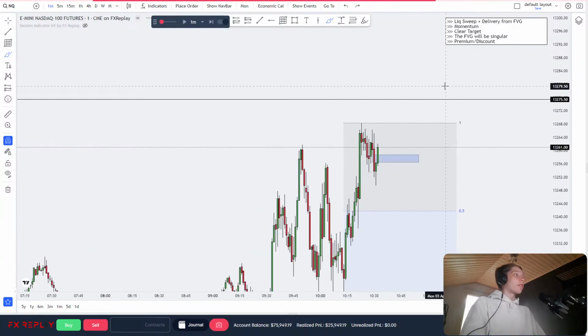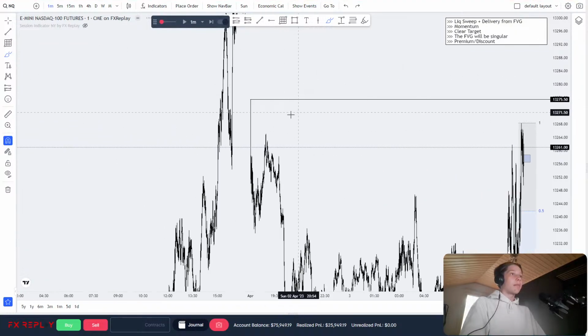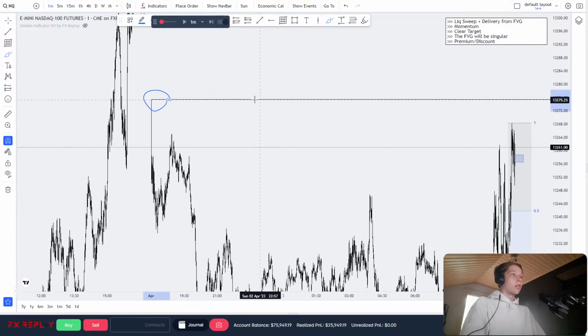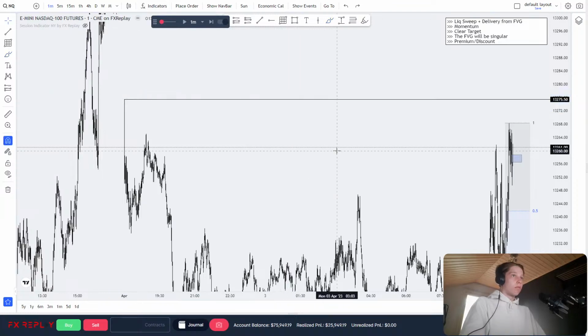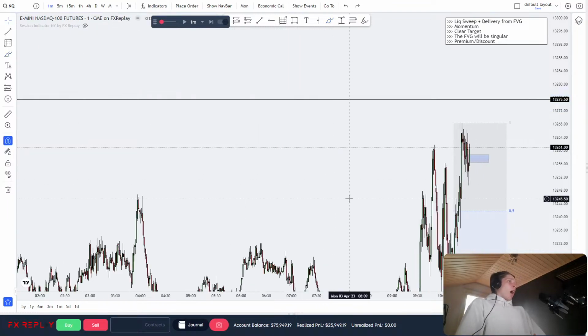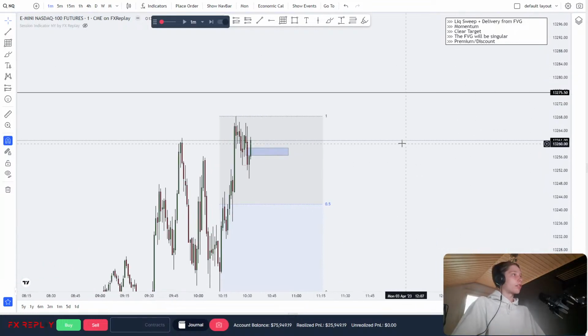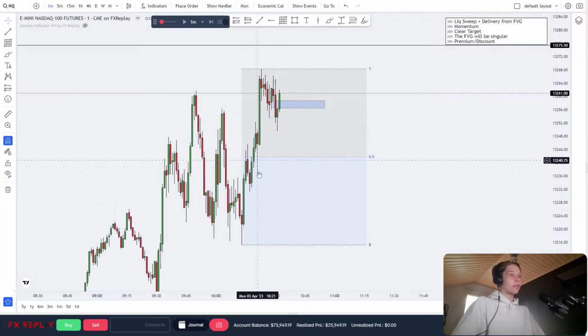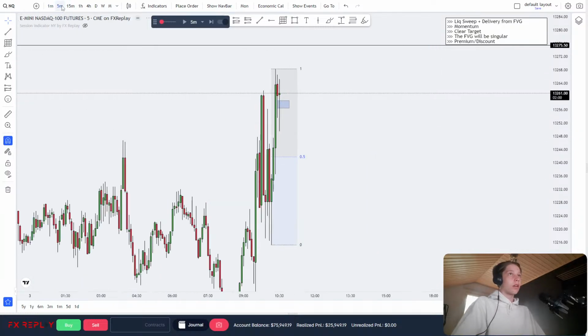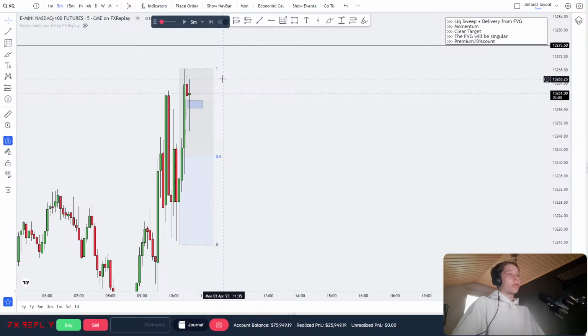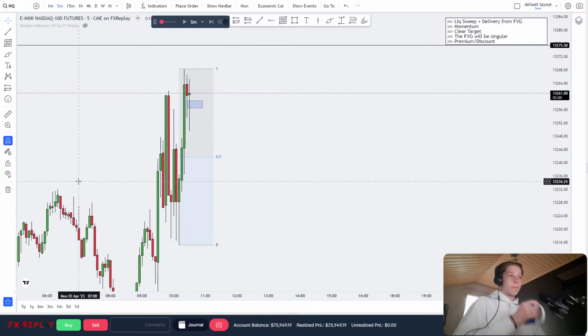Clear target, yes, there is that gap low. Singular iFVG, there you go. Premium or discount: as you can see, I marked that out. We are nowhere near discount, so we can't take this.